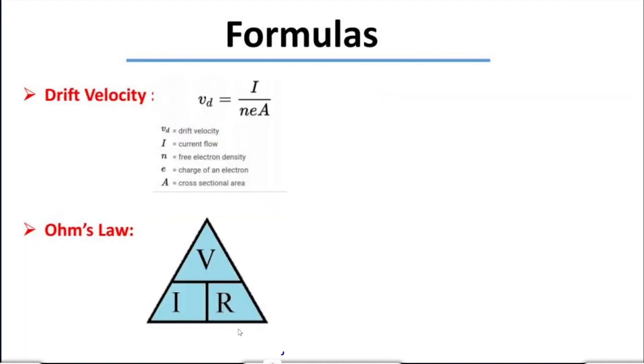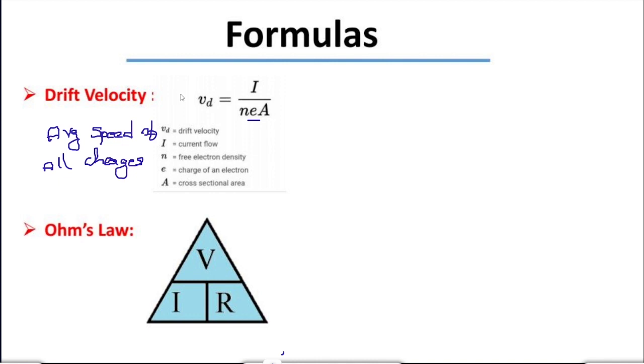Now one more important formula is drift velocity. There is the least probability of questions being asked on this formula. What is drift velocity? It is the average velocity, the average speed of all the charges, which can be positive or negative, but here we represent the charge with the letter e.